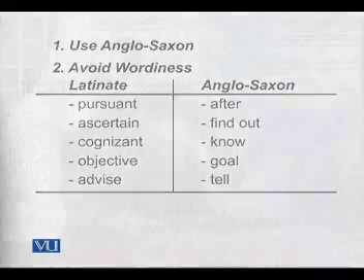So, when you are to choose between two words, just ask yourself, is it Anglo-Saxon? I mean, is it short and familiar? If the answer is yes, choose that. If it's not, chances are that it will be a Latinate word.